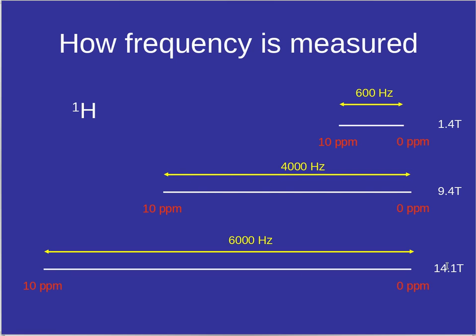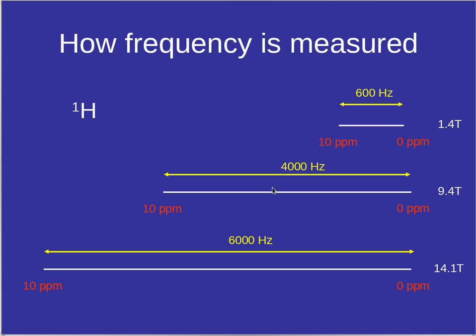In a 14.1 Tesla magnet, the signals from an arbitrary organic compound range over 6,000 hertz. So the question is, not everyone in the world has the same field strength magnet or instrument. How on earth could they compare compounds? If you run your compound on one spectrometer and it's only in the range of 600 hertz, how can you compare it to someone who runs the same compound elsewhere on a higher field strength instrument?